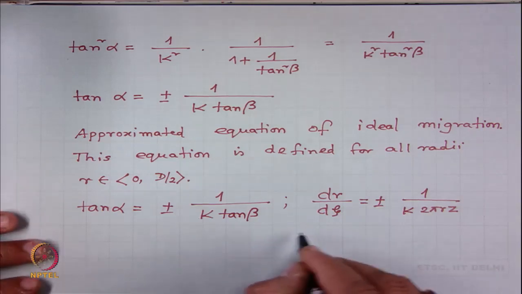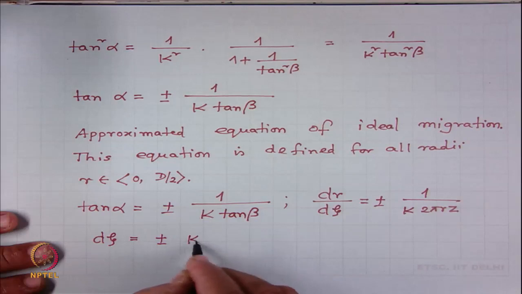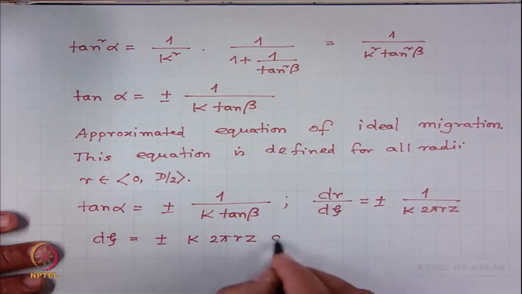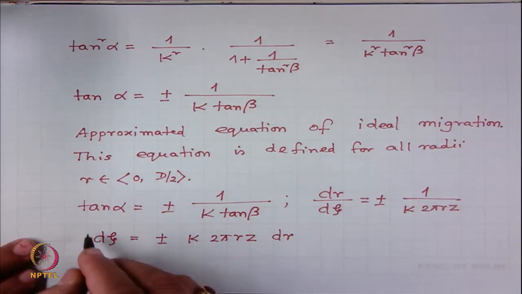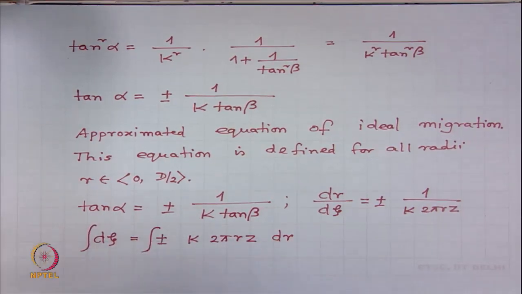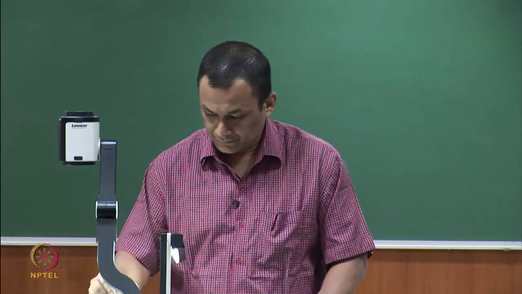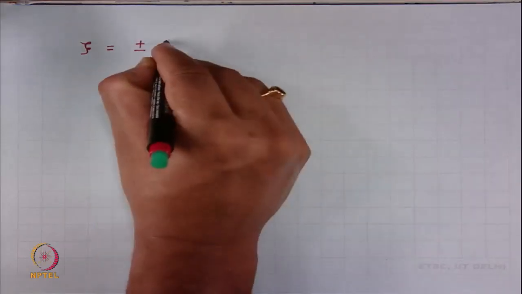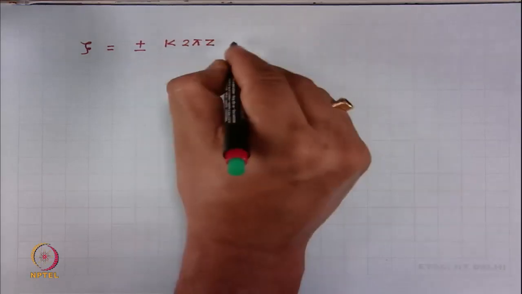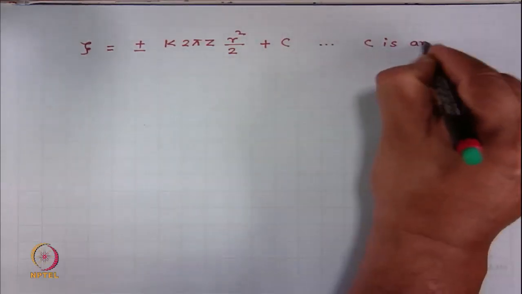So, d zeta is equal to plus minus k times 2 pi r z into dr. Now, if we integrate this, we will obtain zeta is equal to plus minus k 2 pi z into r square by 2 plus c, where c is an integral constant.